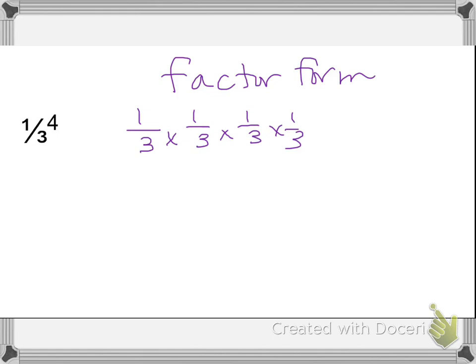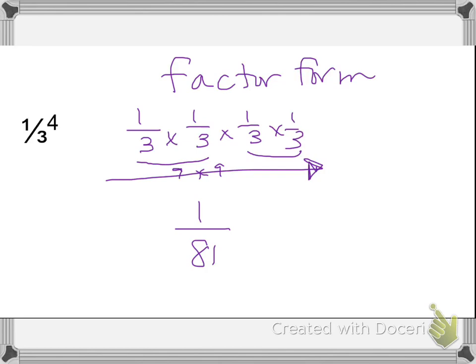Well, remember when we multiply, we always multiply straight across on fractions. So if I multiply 1 four times, I'm still going to get 1. 3 times 3 is 9. So this 3 times this 3 gives me 9, and this 3 times this 3 gives me 9. So then I can multiply 9 times 9 and I get 81. So this would be 1 over 81 in standard form.